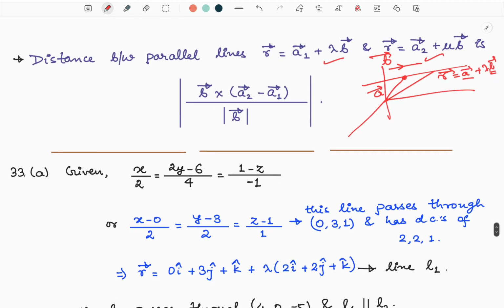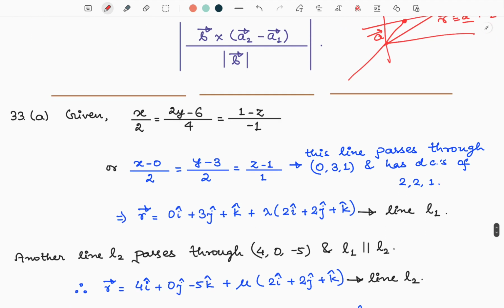So using these two concepts, we will find the distance between the two lines. Here the equation is not given in the standard form, so we will first convert it into Cartesian form. In the Cartesian form, it will be (x minus 0) by 2 is equal to (y minus 3) by 2 is equal to (z minus 1) upon 1.